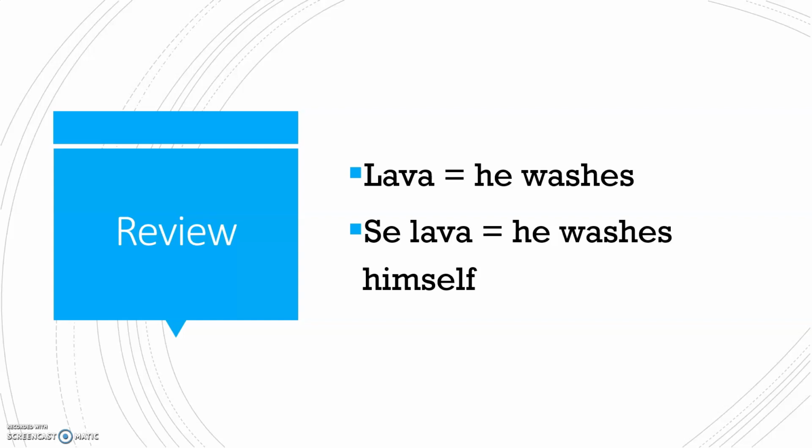But if that person is washing a dog or a car, lava el carro or lava el perro. Okay, so when you're doing the action to yourself, that's the reflexive one. Okay, we also know se llama, se cae, and a few others that I think will look familiar to you once you see them.